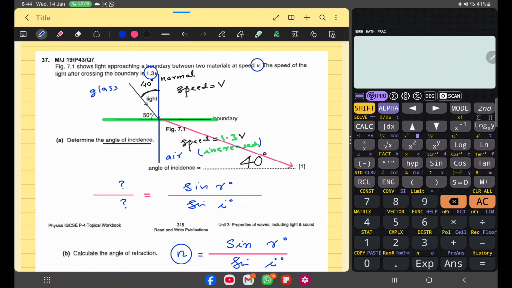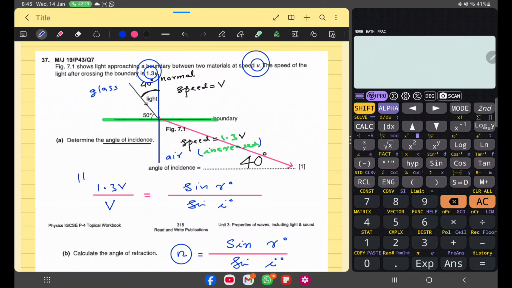Rafe also made a mistake. Rafe, the refractive index is always greater than 1, so the greater speed is always in the numerator, and the slow speed always in the denominator.